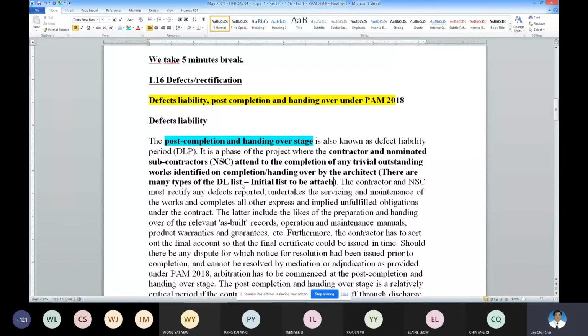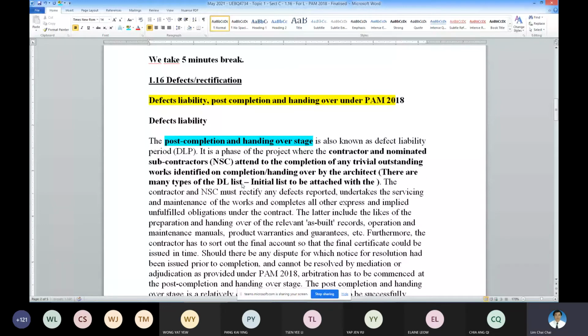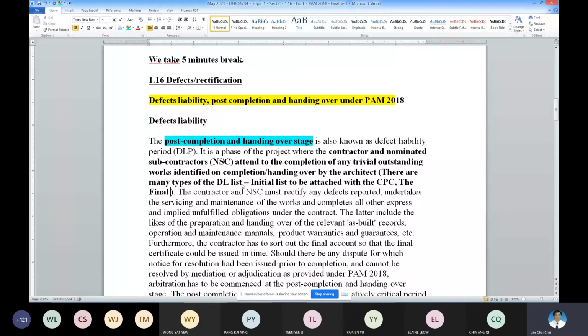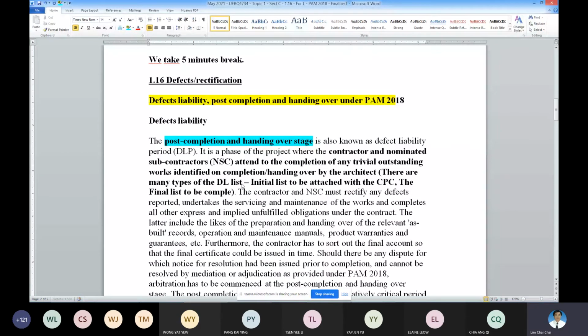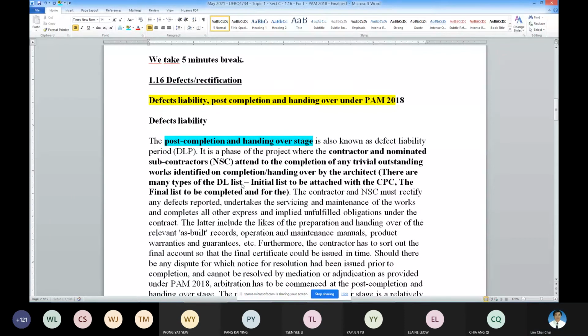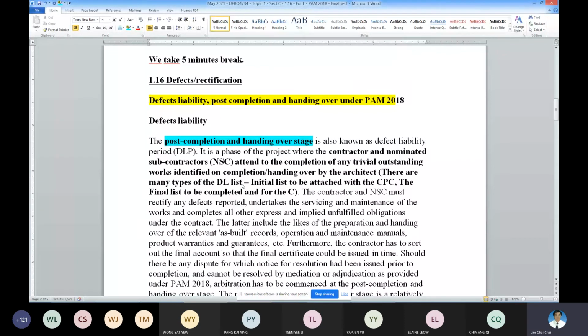And then you have the final list to be completed and for the CMGD to be issued.